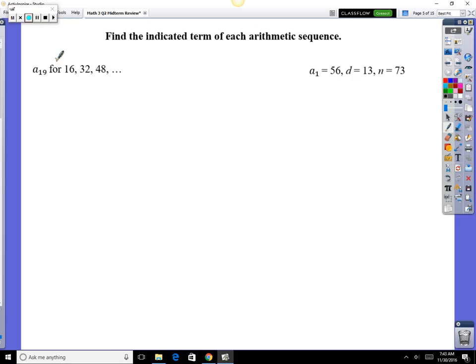Okay, this next one they give you something totally different. So they give you a sub 1 is 56, d is 13, n is 73. So you gotta remember what all the heck that is. So a sub 1 is 56, that means what they're giving you is the very first one is 56.